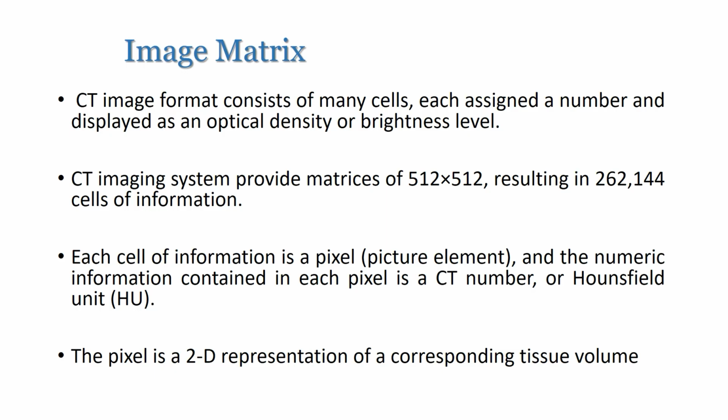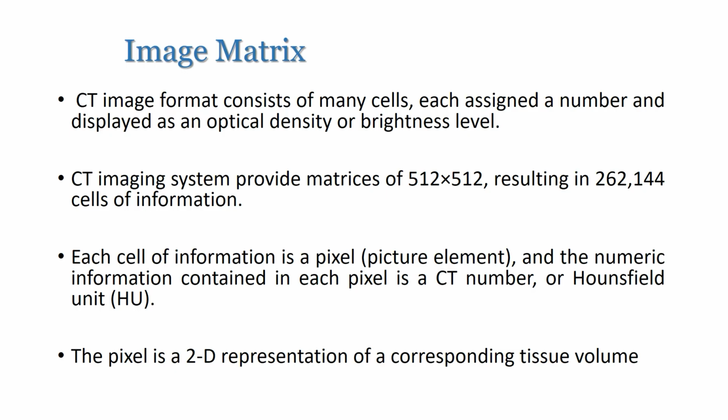Each cell of information is called a pixel. It is a picture element, and the numeric information contained in each pixel is a CT number or a Hounsfield unit, so the image matrix for the CT scan is always described by CT numbers or Hounsfield units.